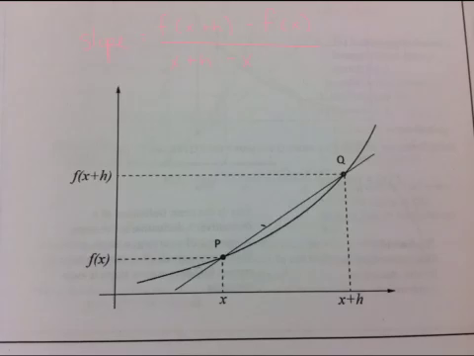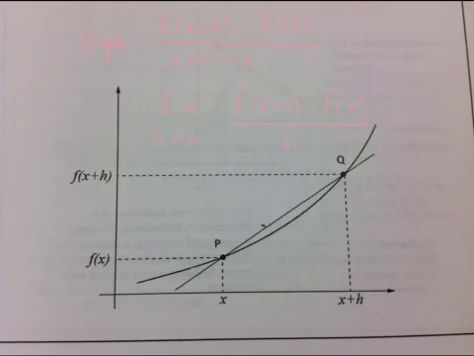So what the derivative really is then is the limit as h approaches 0 of f of x plus h minus f of x, divided by, the two x's on bottom cancel out, so divided by h. And that's really then what a derivative is.